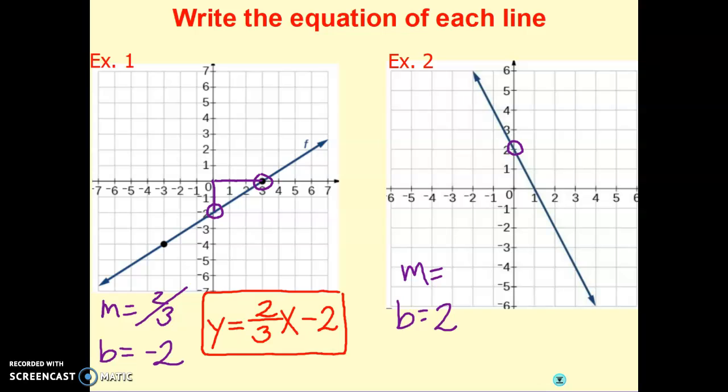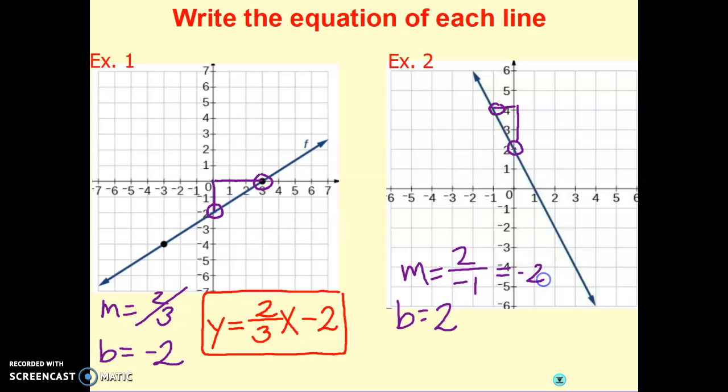This time they didn't give you a clear point on the graph, so you're going to have to find that point yourself. Here's another point where my line intersects the graph nicely. I'm going to count from my beginning. I would go up 2, but then notice I went backwards, so that makes my run -1.